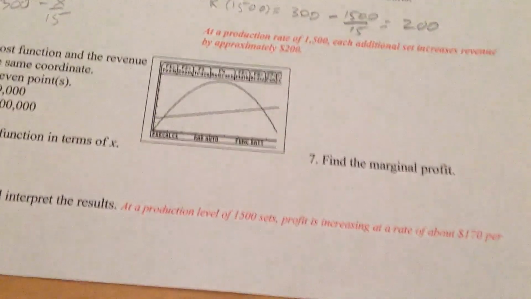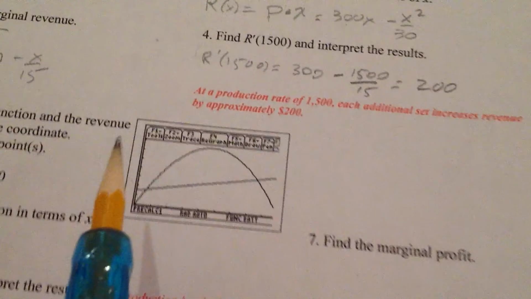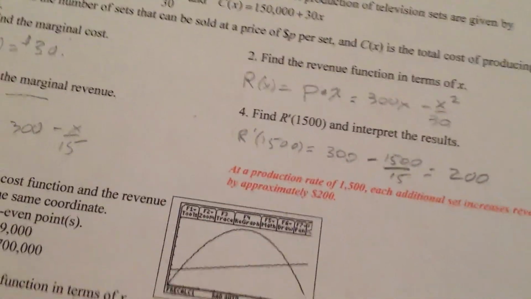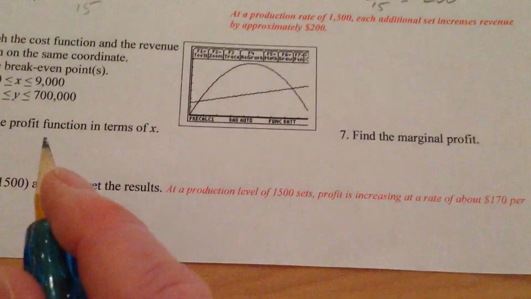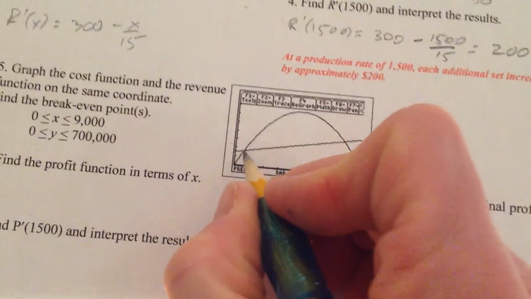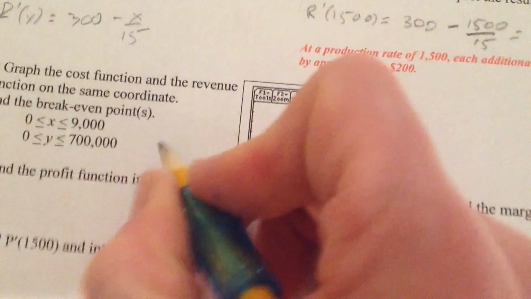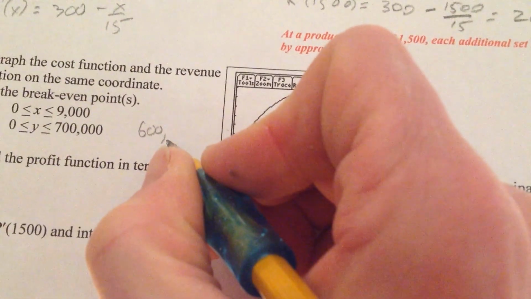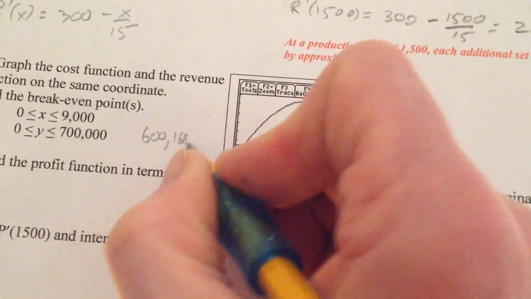So all this shows you is that particular graph printed from a screen. But the break-even points were, this one right here was at 600 and a Y value of 168,000.